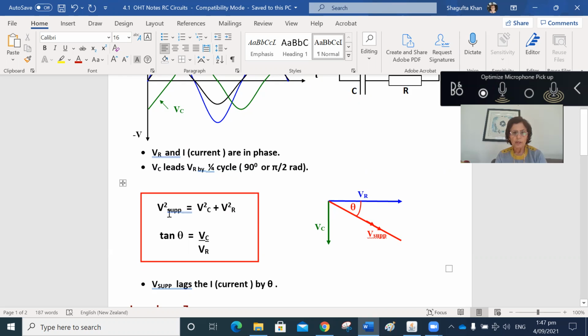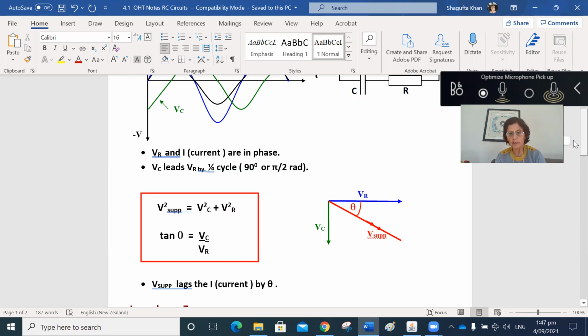We add them: V supply squared is VC squared plus VR squared. And current is always in phase with the voltage across the resistor. If we draw a current phasor, that will be along here. So supply voltage is behind the current by this many degrees.